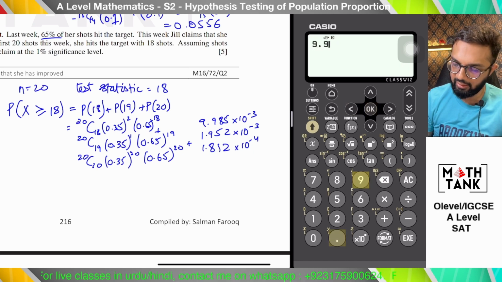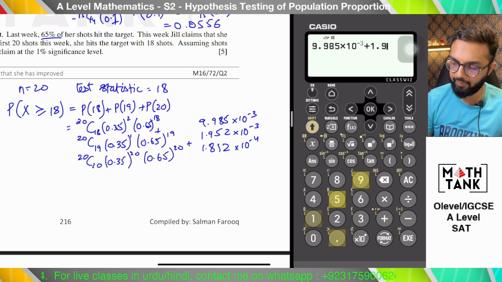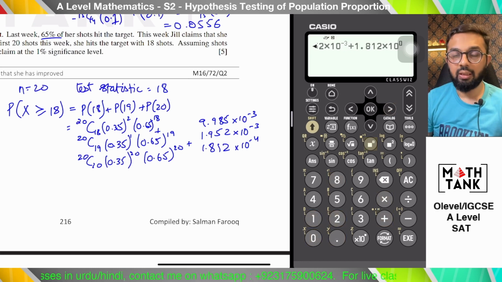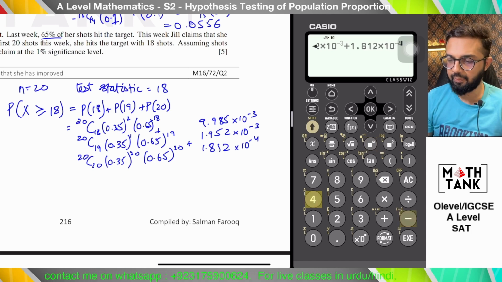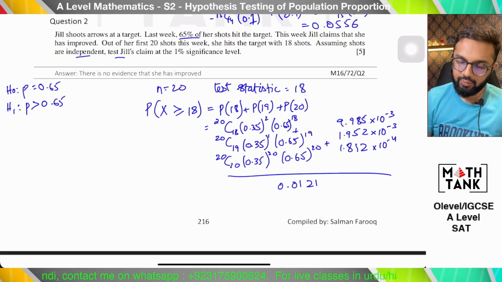So 9.985 into 10 power minus 3 plus, I could have also done decimals, but since my calculator gave those values, I persisted with that, and now 1.812 into 10 power minus 4. So I have all the numbers. This gives me 0.0121.